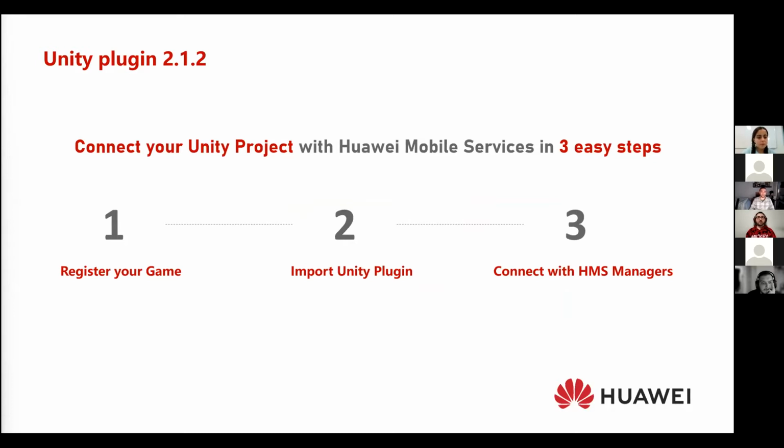Then you need to download and import the plugin to your project. And lastly, enable the managers, I mean the abilities that you want to use in your project, because they are calling our services, our abilities in Huawei. If you are thinking about the first step, let's get a little deeper on registering your game.